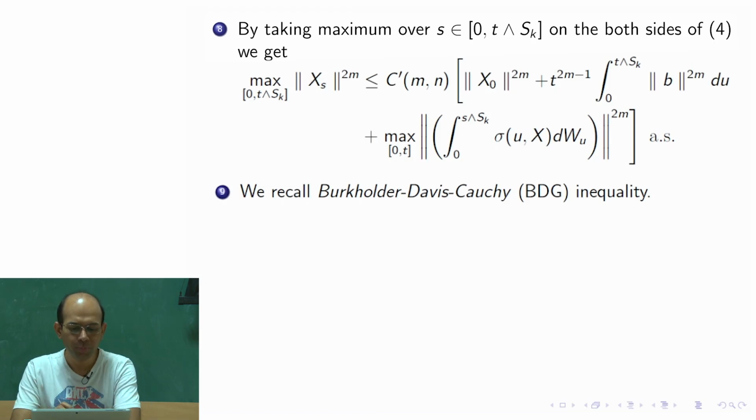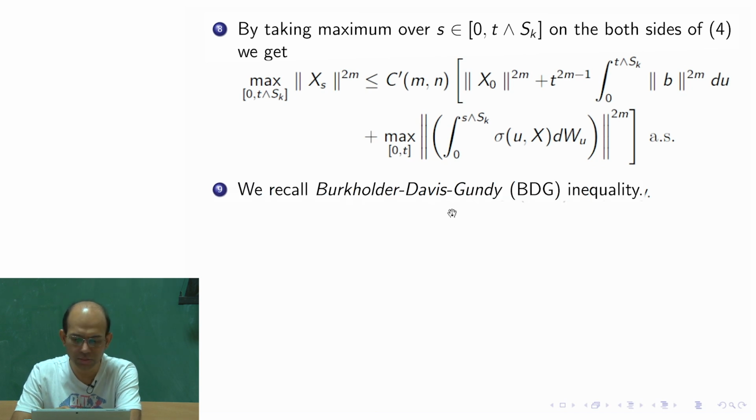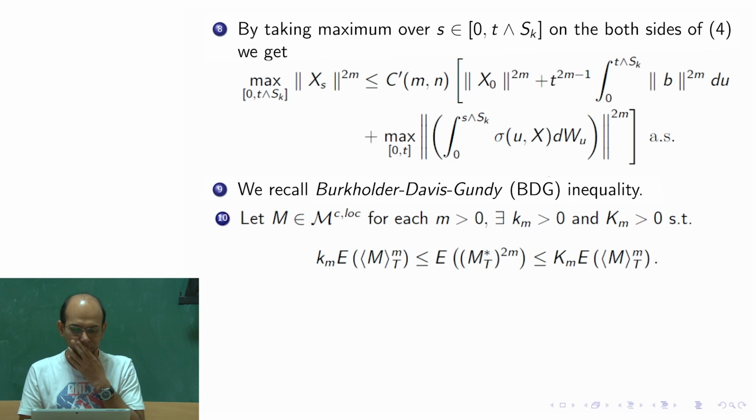Okay, so now we are going to use the BDG, the Burkholder-Davis-Gundy inequality. So we generally call this BDG inequality. So what is that?